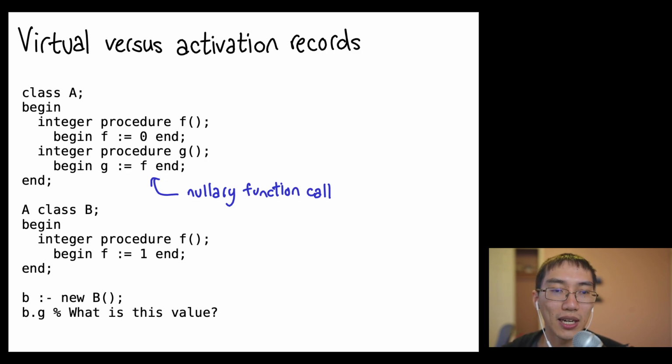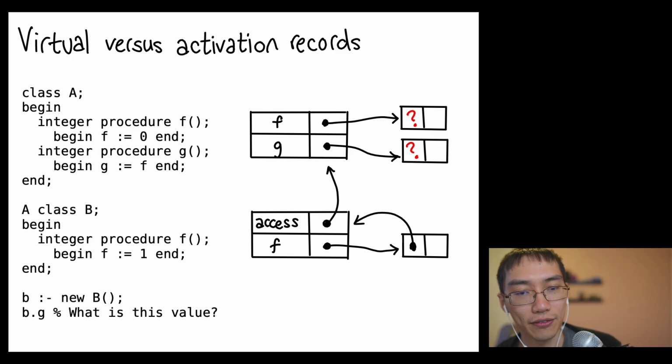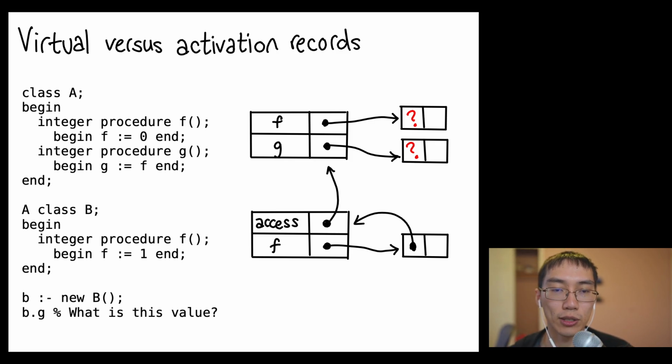So the reasoning behind this is that we have these activation records set up, right? And so when I call f, well, it's going to point to the ambient context that it was defined in, namely B. But if I call g, what is the ambient context that g was defined in?